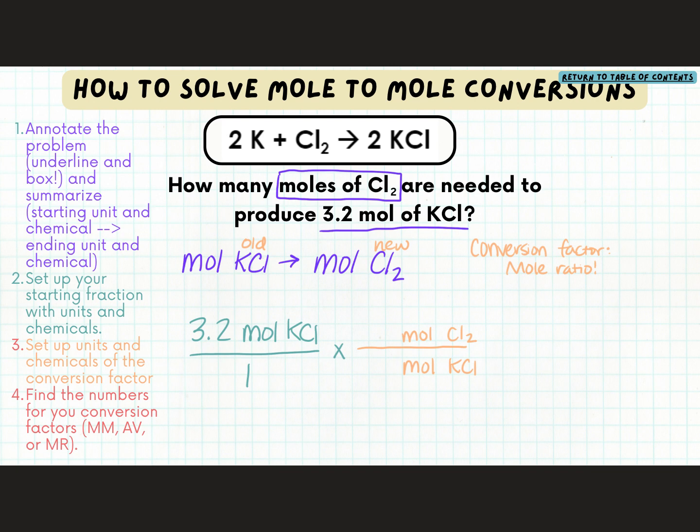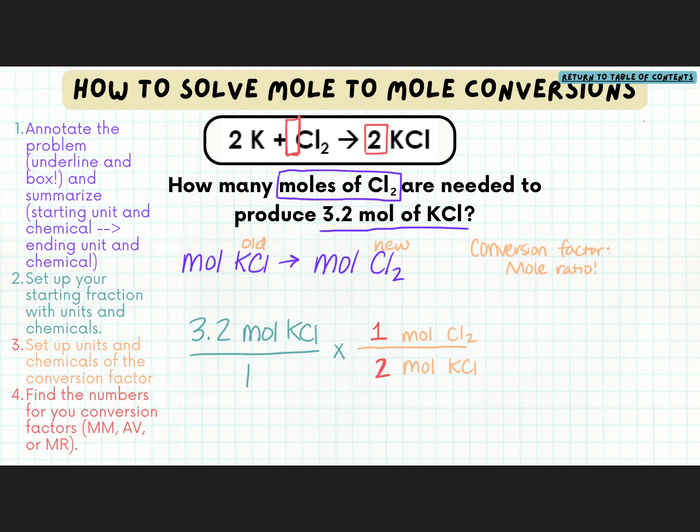So we find Cl2 in our equation up here at the top, and we look for that big number out front. If there is no big number out front, then the number is 1. Then we look for KCl, and we look for the big number out front, and that is 2. And then we have our fraction.